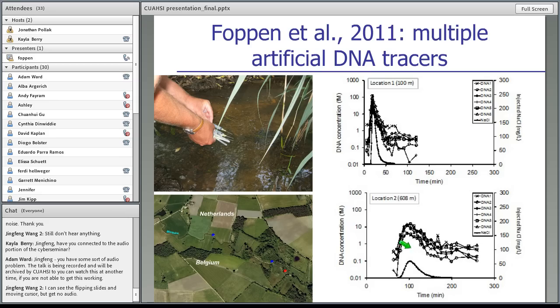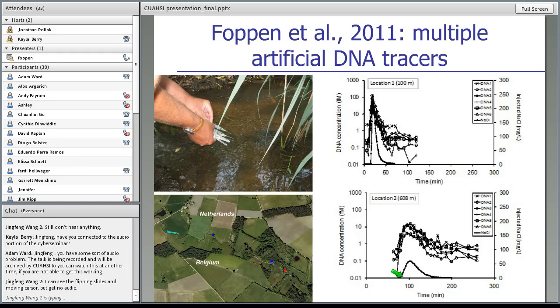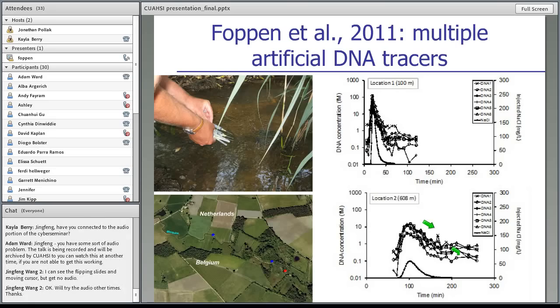This is location 1 after 100 meters. This is location 2, 600 meters downstream of the point of injection. We could relatively easily trace back DNA concentrations. And this here is the chloride breakthrough, and this here are the breakthrough curves of 6 different DNA tracers.